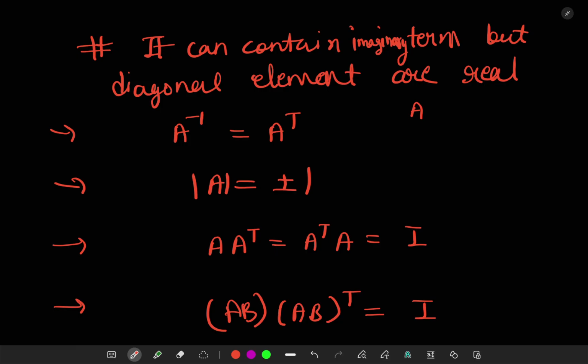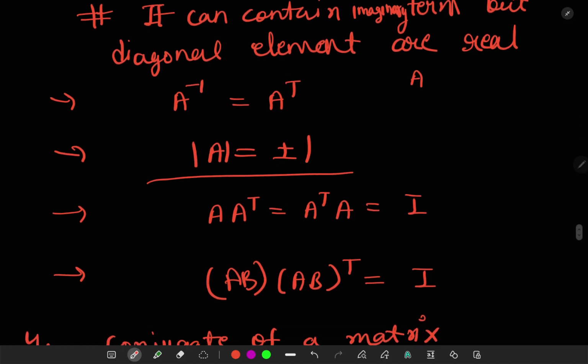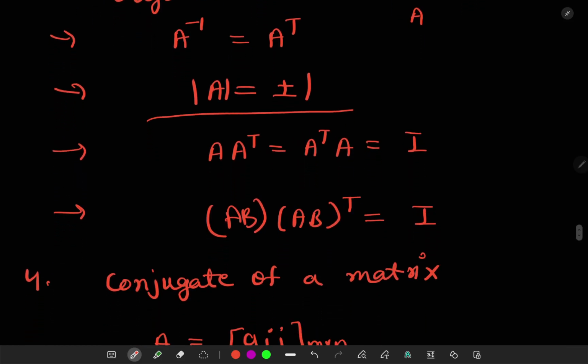If A is an orthogonal matrix, then its determinant is equal to plus or minus 1. If A is an orthogonal matrix, then the product of matrix A with its transpose, A transpose A, is equal to the identity matrix I.